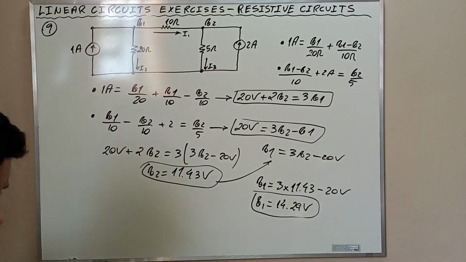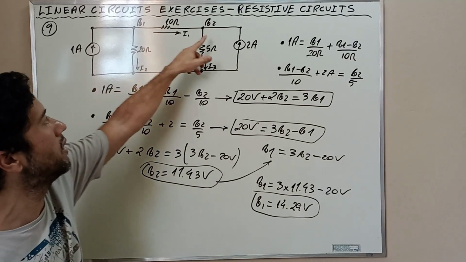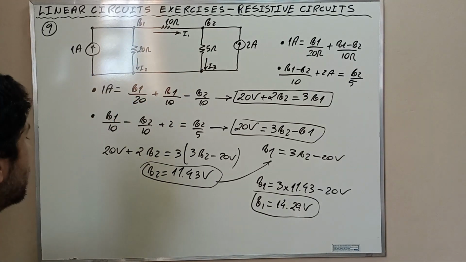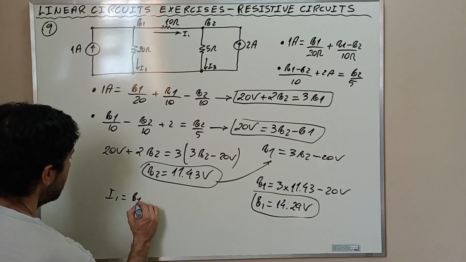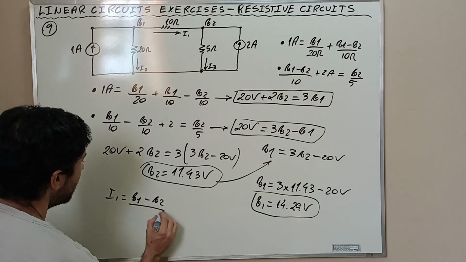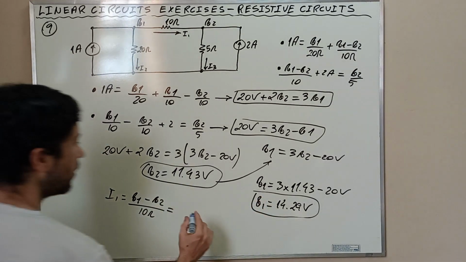And lastly, the exercise wants us to calculate the value of I1. If we have V1 and V2, we can calculate I1. I1 is going to be equal to V1 minus V2 divided by 10 ohms, and we simply use the values.